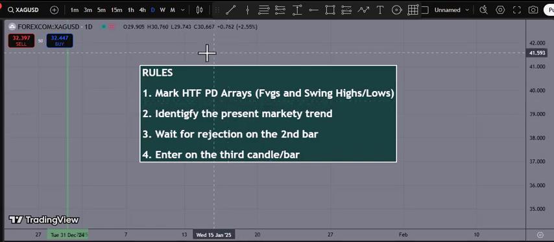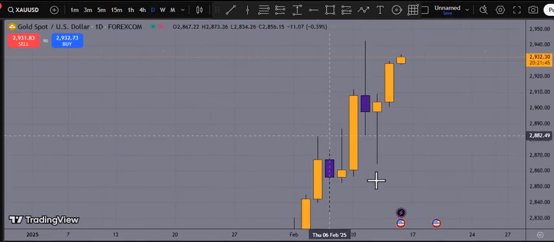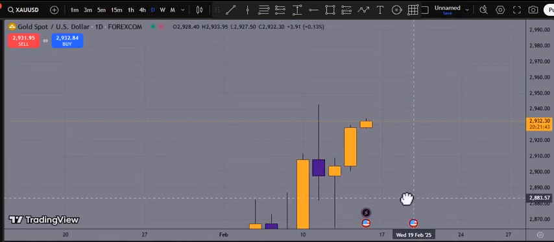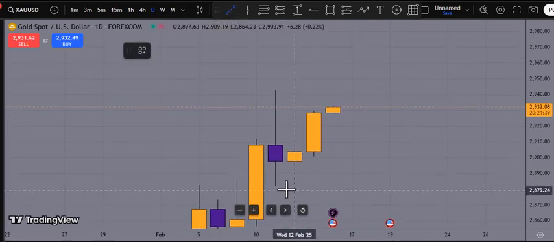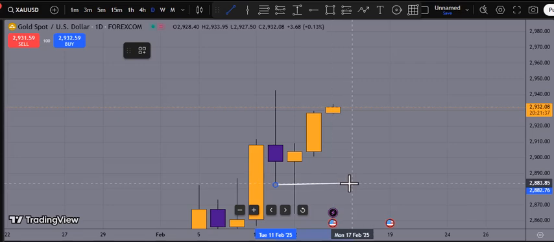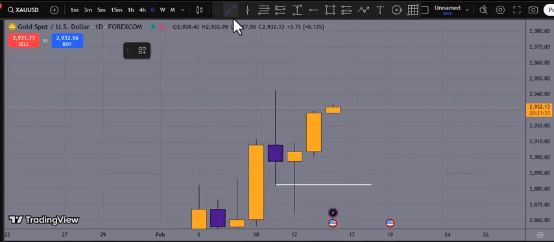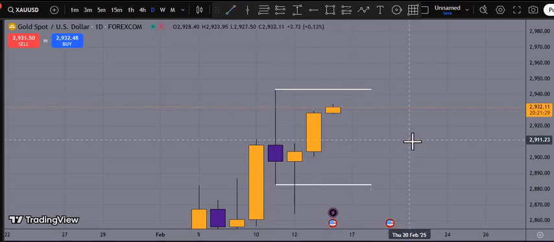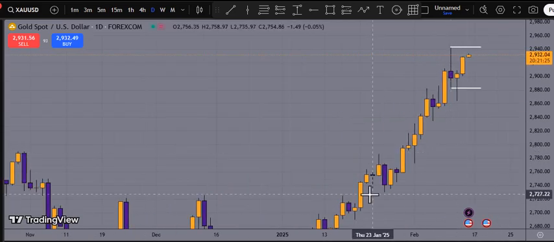So this model, like I said, does not form only on the 4 hour time frame. It forms on daily, weekly, monthly. This is the low of my reference bar. This is my reference bar. This is the high. If you look at gold, you see that we've been bullish.